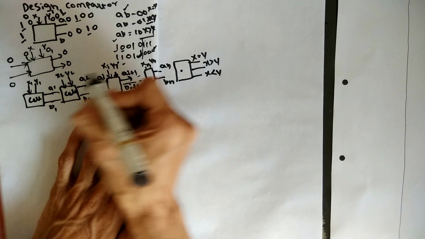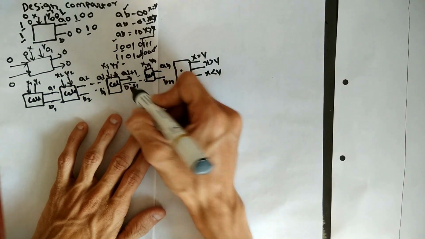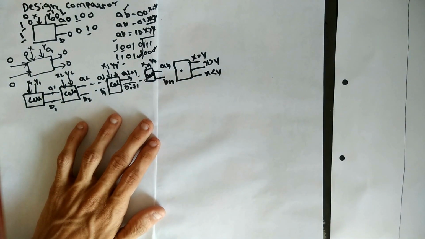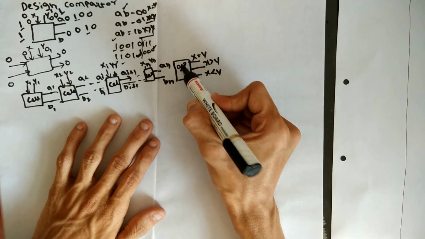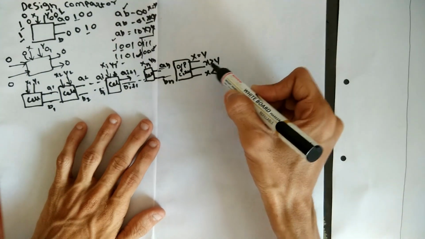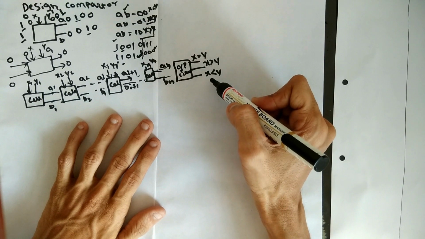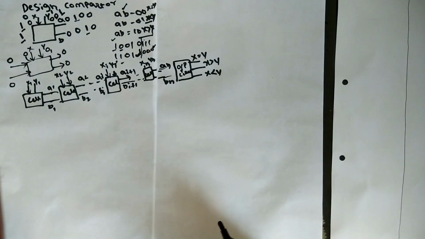Our aim is to design these cells, making it an AB value according to xy, and the final answer is such that we get the output. So this is the output circuit, to determine which input of an and bn gives what output of the comparator we have to design. This is how we can write the block diagram.